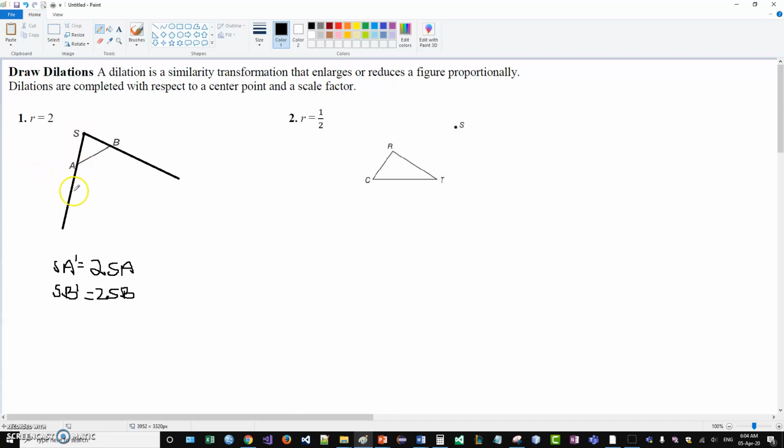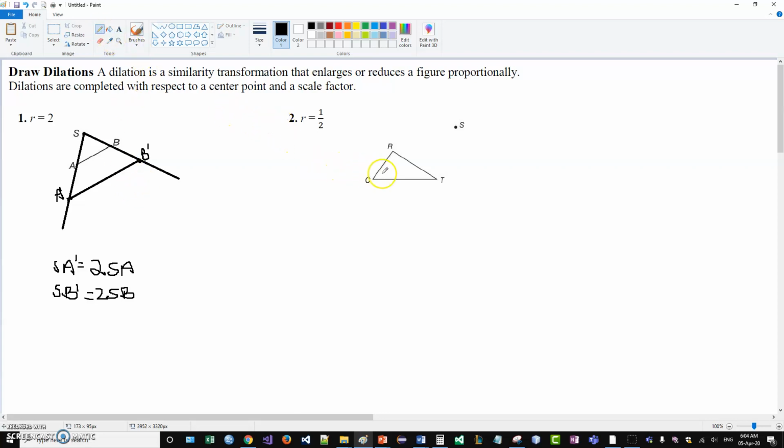So if this is SA, SA prime is somewhere over here, and SB prime is somewhere over here. So now we connect both points, and this will be our dilated image.